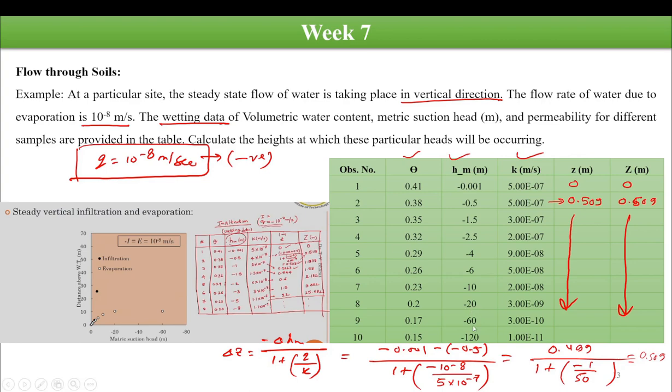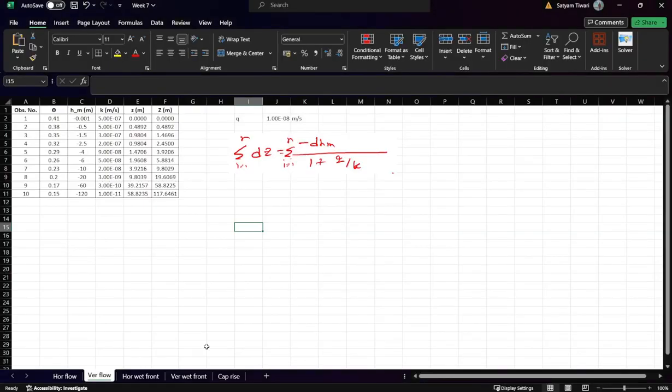So let's try it in an Excel sheet and see what values we are observing. We will be using the same sheets and we'll solve this equation.